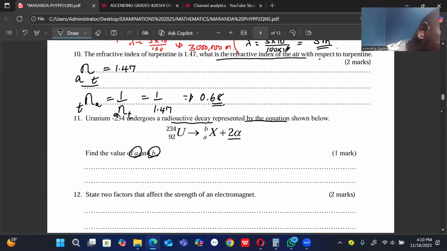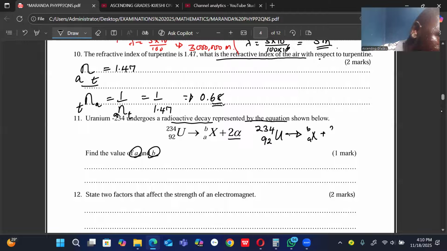So we need to write the equation and say that the uranium-234 is given by B of X, A of X plus 2 alpha particles, which is represented by helium. So 4, 2, He.